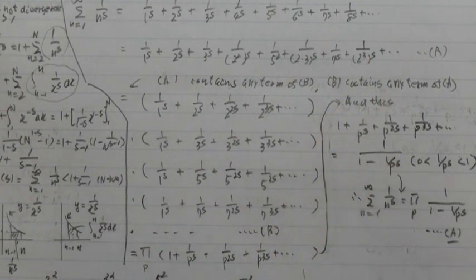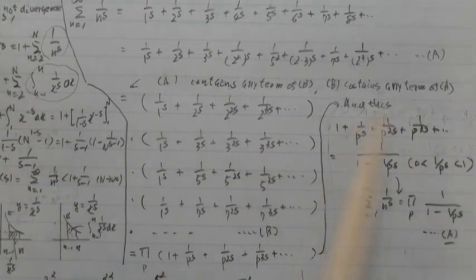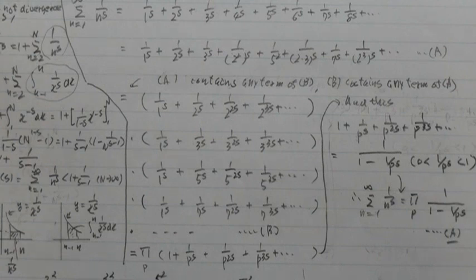This is a geometric series equal to 1 over 1 minus 1 over P to the S, since 1 over P to the S is smaller than 1. Then the sum from n equals 1 to infinity of 1 over n to the S equals the product of 1 over 1 minus 1 over P to the S. This is the Euler product.